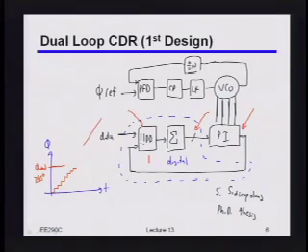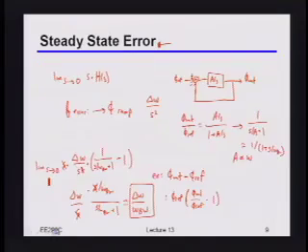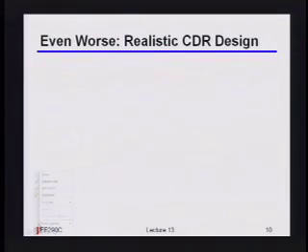So to make life even a little bit worse in terms of these trade-offs, in terms of what the loop bandwidth would be versus how fast of a ramp you can track, typically you won't really run this thing at the full rate, but instead what you'll actually do is deserialize the data first. And what I mean by deserialization is, let's say that this was my data sampler, and this is my edge sampler here, so that's my data clock, this is my edge clock.